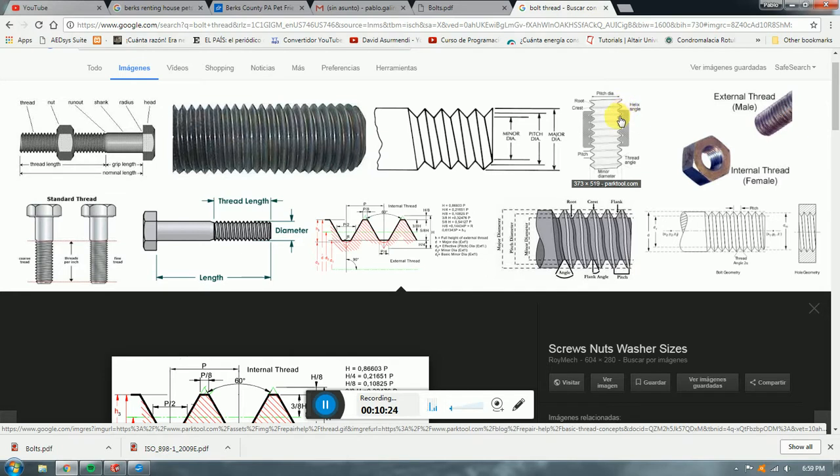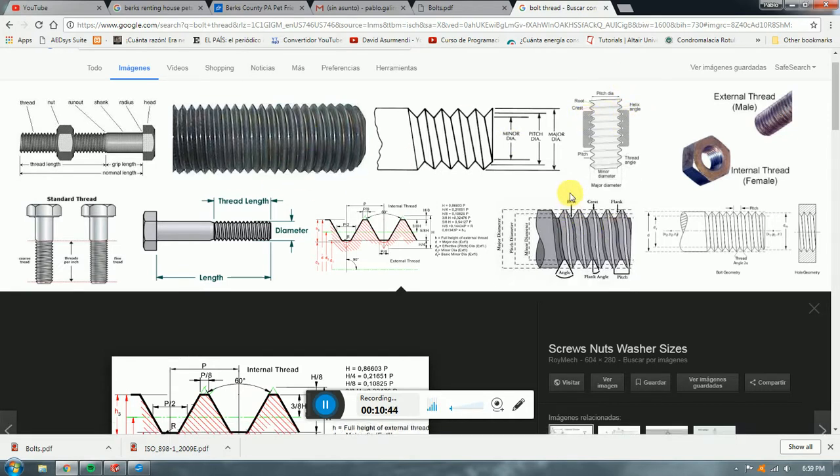If for some reason one of them breaks, then the second one is going to be loaded higher, but it could resist this extra force. So instead of breaking the whole thing, it would only break one of the threads. That is a kind of safety system that exists to prevent losing the nut and then having a possible catastrophic failure.